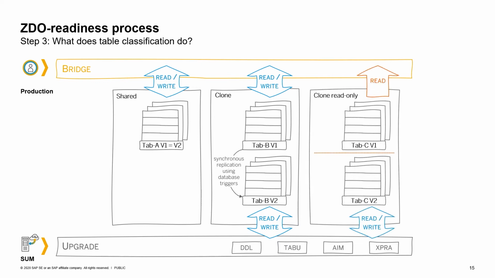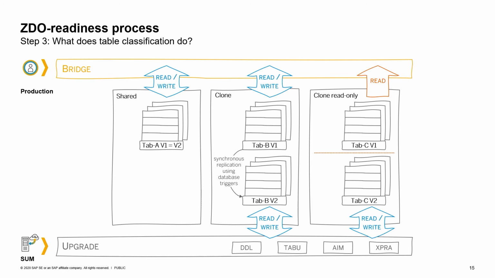Now, eventually there is a third column, and it could be that, for instance, a complex structural change like this key field that is getting changed leads to a clone read-only classification, which basically means the bridge can't persist any data during this bridge runtime into this particular table.